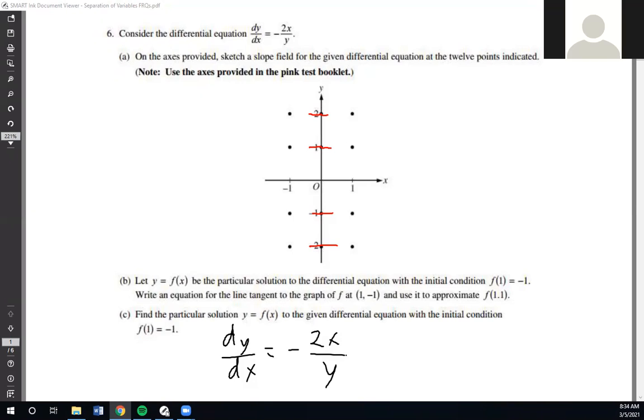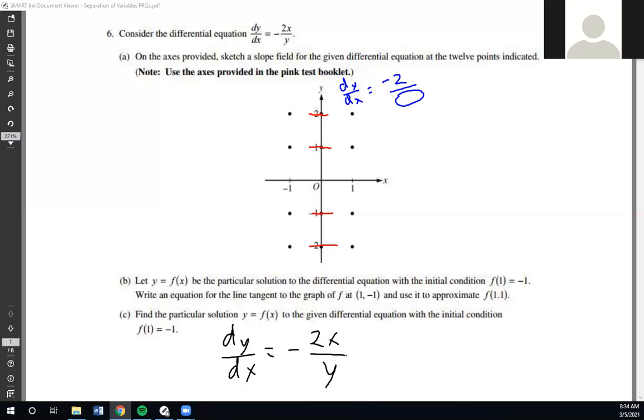Next, let's talk about when x is 1. When x is 1, then dy dx equals negative 2 times 1, so negative 2 over whatever our y-coordinate is.